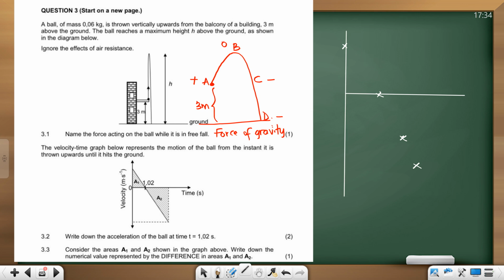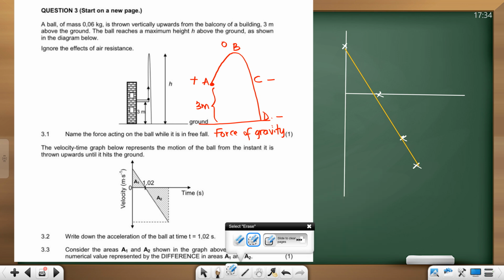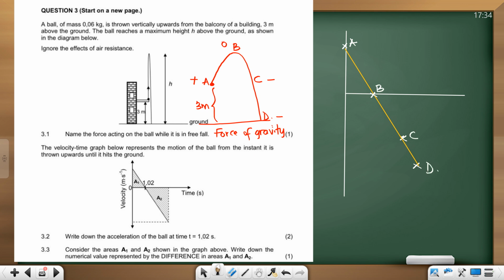So if I take my ruler and draw, I have that. Let's label together. That is A, the beginning. That is B. That is C, the same height as A. And that is D. I have transcribed my position into a velocity time graph.